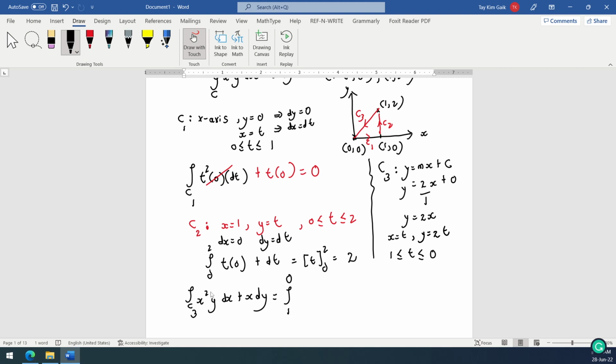Okay, x is t, so x squared is t squared. y is 2t. And then you need to find dx, which is equal to dt. Since x is t, dy will be 2 dt.